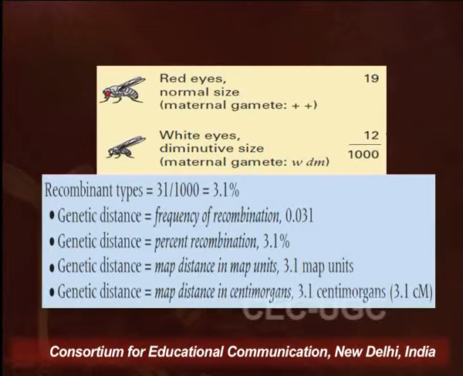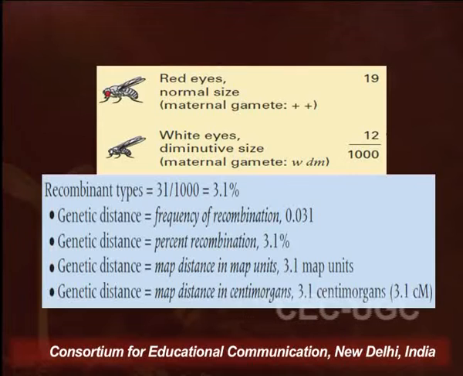How do we express this in different languages? Genetic distance would mean frequency of recombination, which means 3.1% is equivalent to 0.031. And percentage recombination is of course 3.1. What is the map distance between the two adjacent genes?